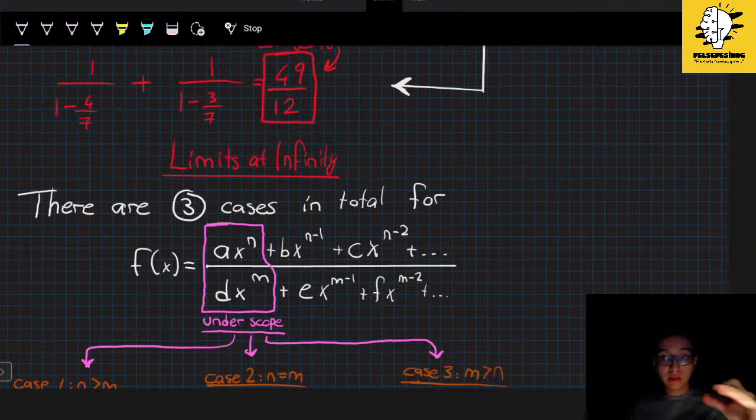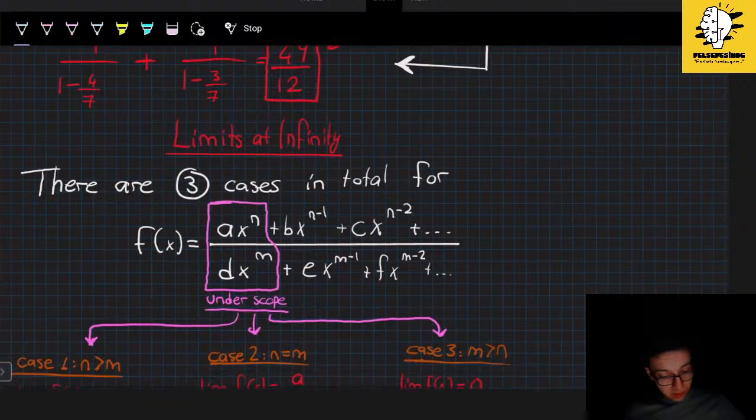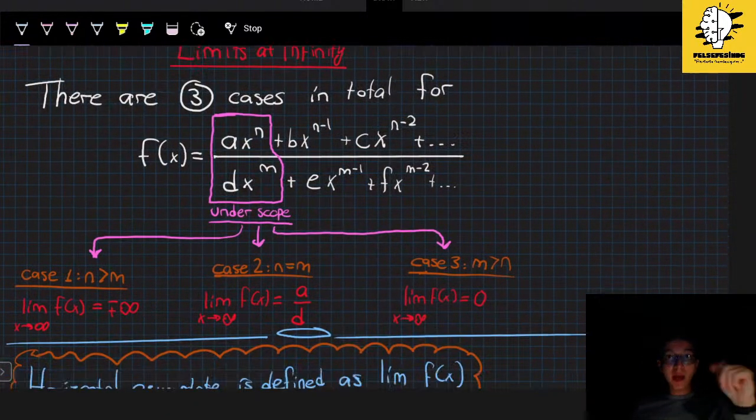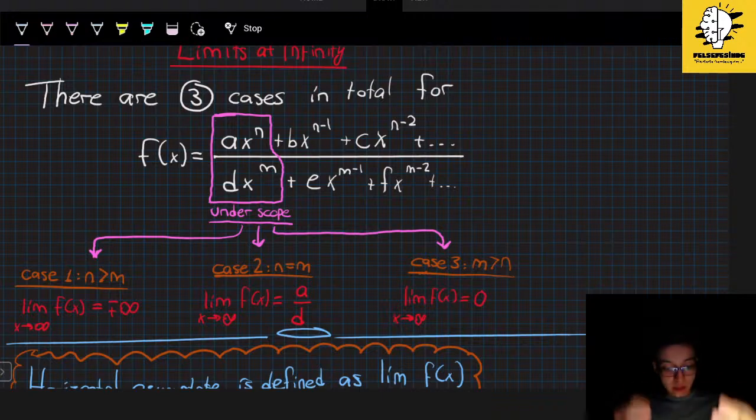Case 1: if n is greater than m, meaning that the term in the numerator with the highest power is greater than that in the denominator, we see that our f(x) will approach either positive infinity or negative infinity.